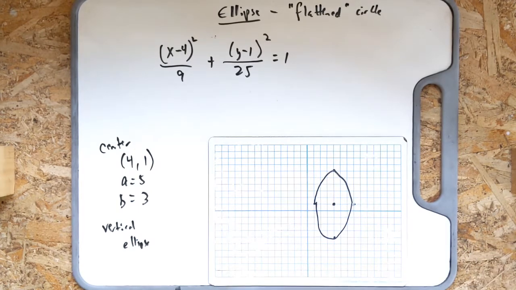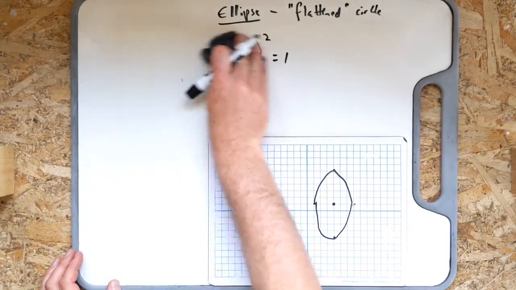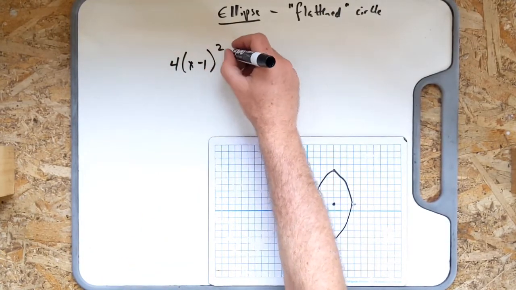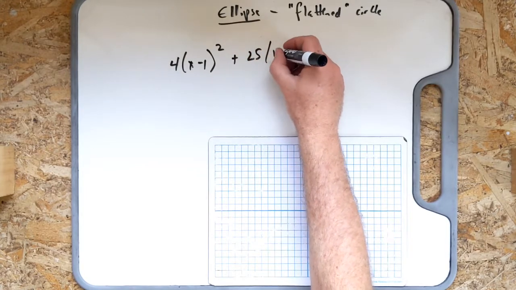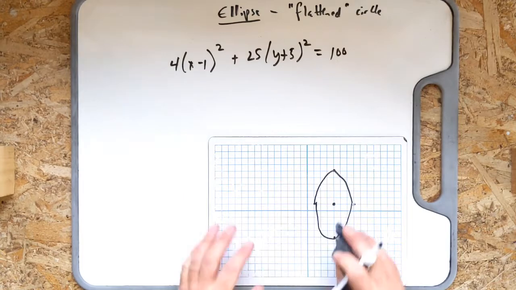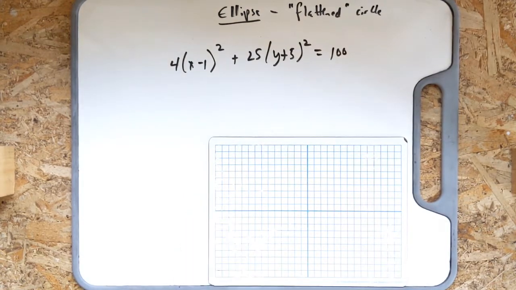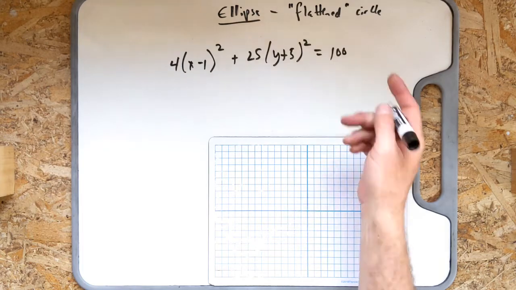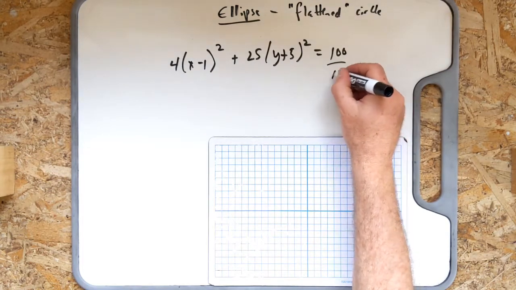Okay, I'm going to do one more, it's slightly different. 4 times x minus 1 squared plus 25 times y plus 5 squared equals 100. Okay, so first of all, this is not in the right form. It has to be 1 over here. So what I'm going to do is just divide the whole thing by 100 to make it 1.